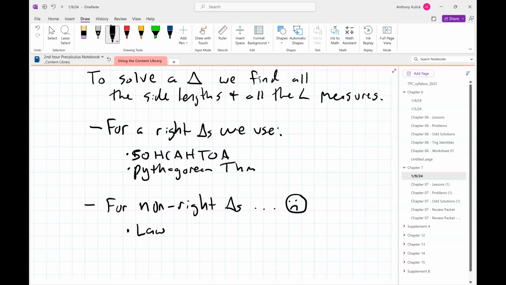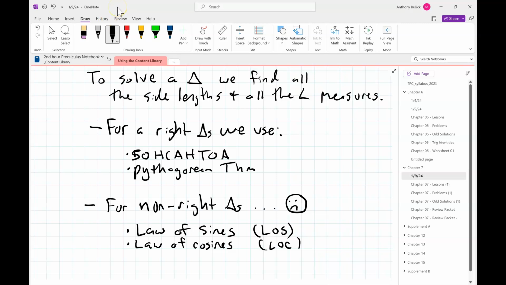We have what's called the law of sines, I'll abbreviate that as LOS, and the law of cosines, I'll abbreviate that as LOC. We're going to talk about how these work and how to use them to solve triangles. That'll be the bulk of chapter 7.